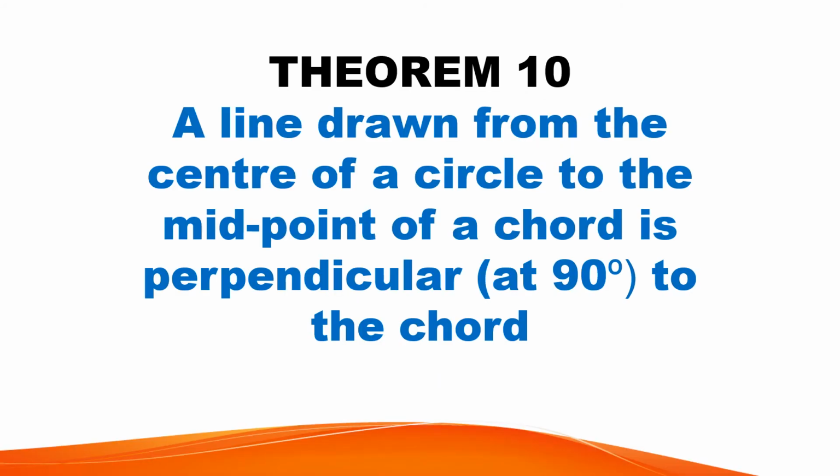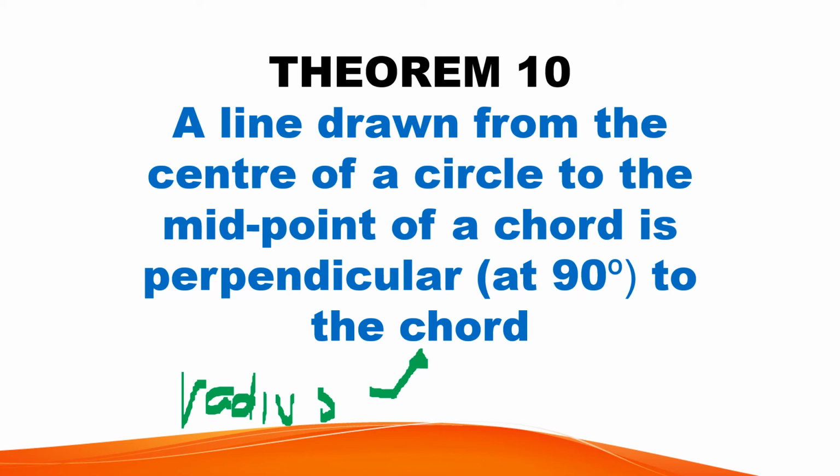Theorem number 10. A line drawn from the center of a circle to the midpoint of a chord is perpendicular to the chord. So, dito may dalawang parts ng circle na involved. Yung isa ay radius at yung isa naman ay chord.